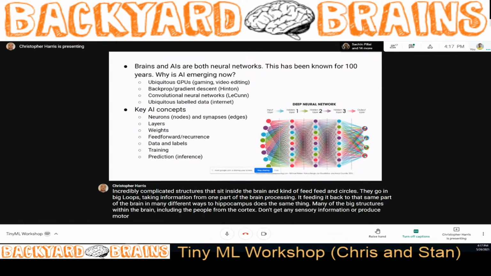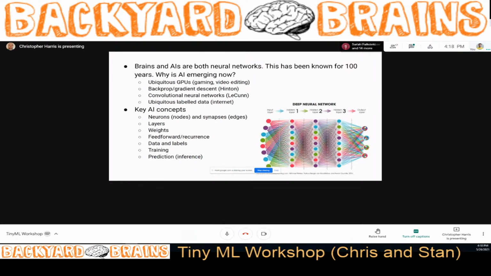So we have ubiquitous GPUs turning up. So basically, after 2005, 2006, and so on, you could buy a PlayStation 2 or a gaming computer, or even in some early phones, but especially in the gaming systems and in video editing software, they were developing hardware that used parallel computing rather than single or quad-core, multi-core computing.